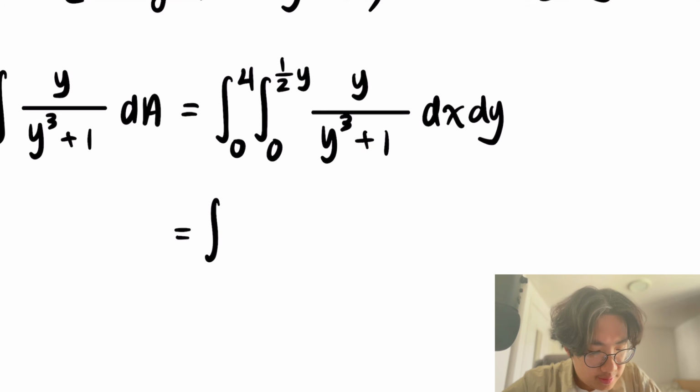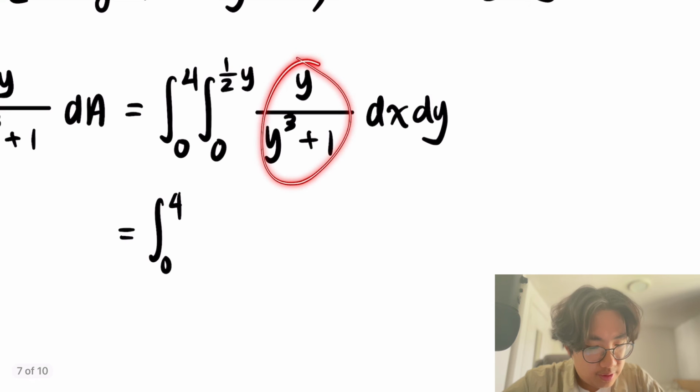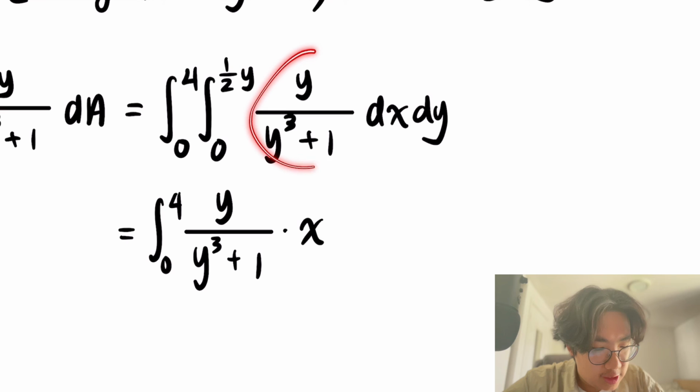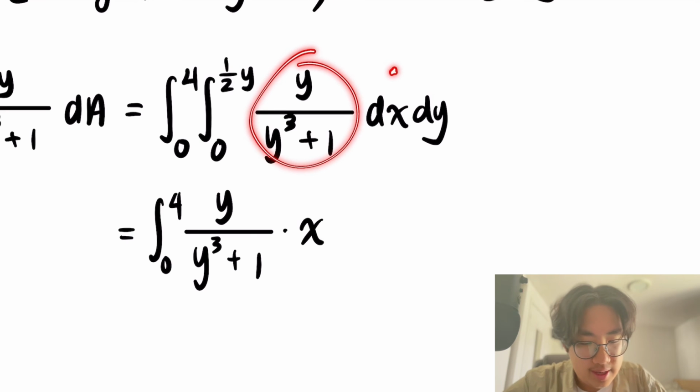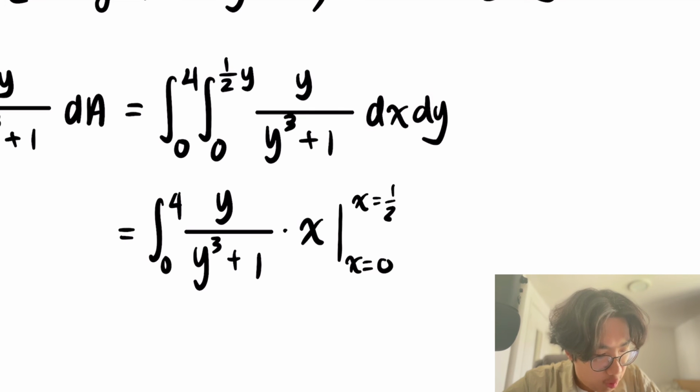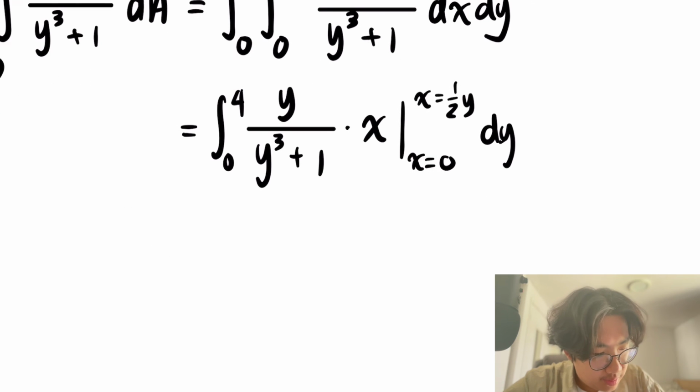So integral 0 to 4. And now again, this right over here just moves out, so you have y over y cubed plus 1. But here we're multiplying by x now, because again, this is just a constant. You integrate 1, you just get x, and this is evaluated at x is equal to 0, and x is equal to 1/2 y, dy.